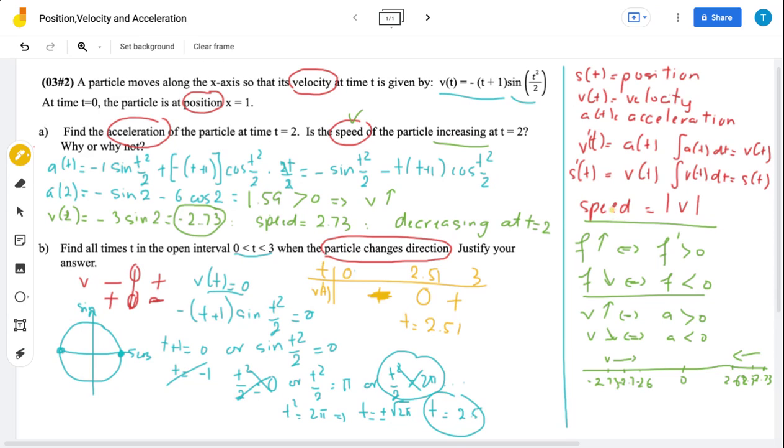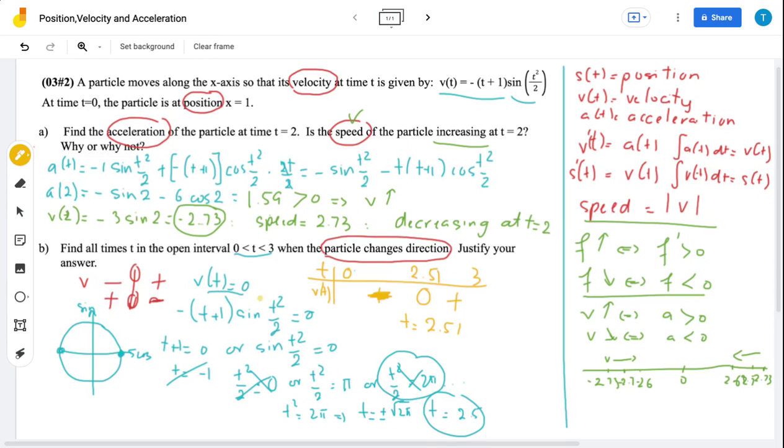We also make sure that speed is the absolute value of the velocity. It doesn't have direction. When the velocity is increasing, the acceleration is positive. When the velocity is decreasing, the acceleration is negative. We have to be careful about speed increasing here, because it doesn't tell us whether the velocity is increasing or decreasing.